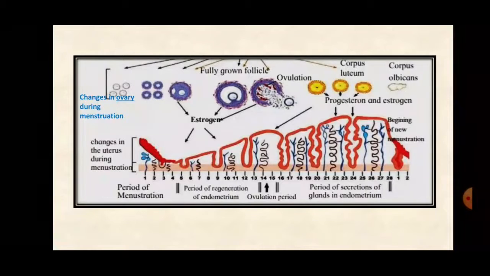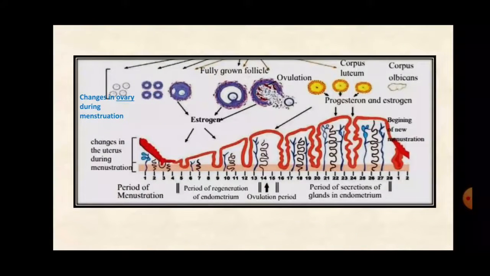One of the follicles starts to develop with the oocyte. The follicle and the oocyte together start to develop, which you can see in the first two steps. Exactly below, it is the period of menstruation or the period of bleeding. We will come back to it.